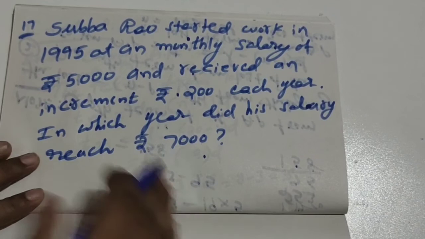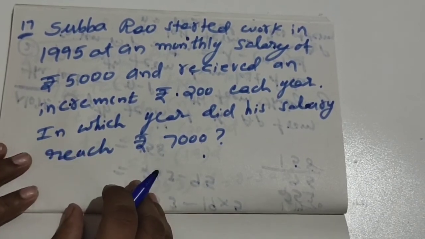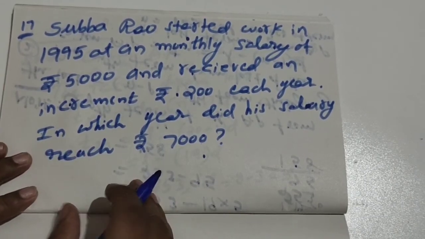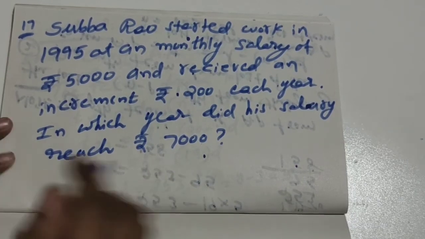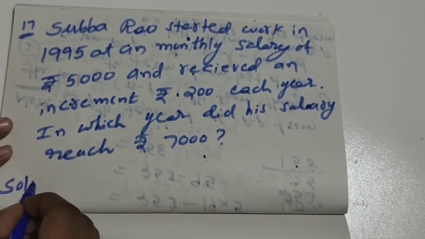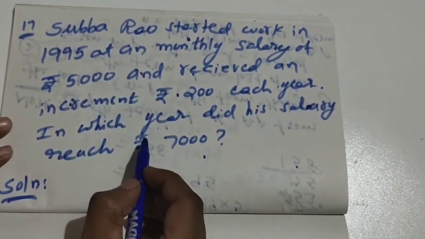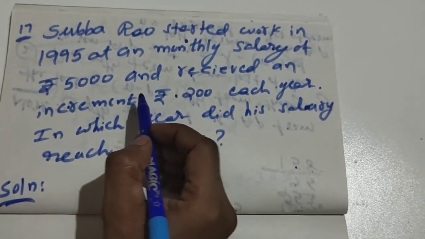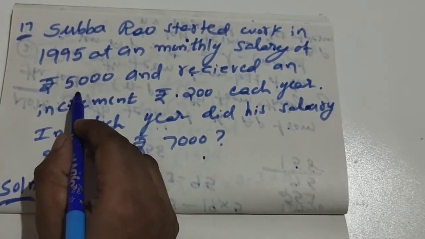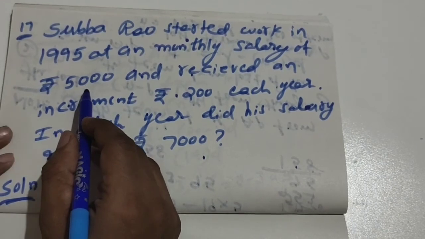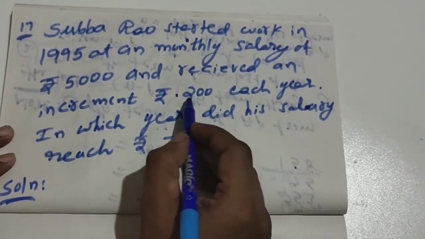Or you remember this? There we are taking Usha's salary 8,000 rupees per year and 500 is her monthly increment. So same in that way. He got a job in 1995 and his monthly salary in that year is 5,000 and annual increment is 200.